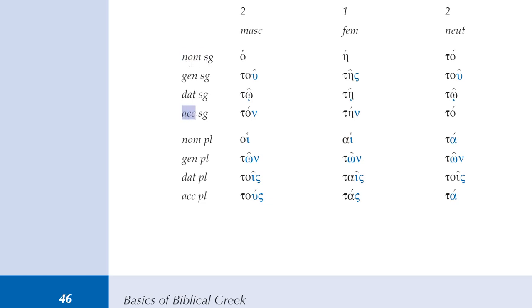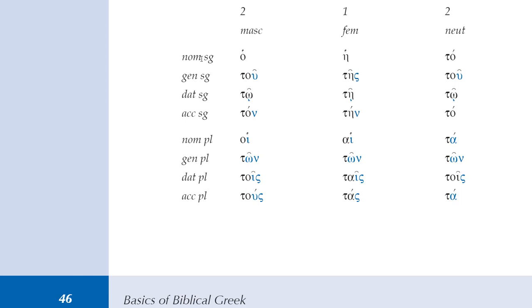So for our chart, we're going to be looking at nominative singular, accusative singular, nominative plural, and accusative plural. Next week we will be looking at the other main cases, genitive and dative, but this week we're focusing on nominative and accusative. So we want to fill in the masculines.